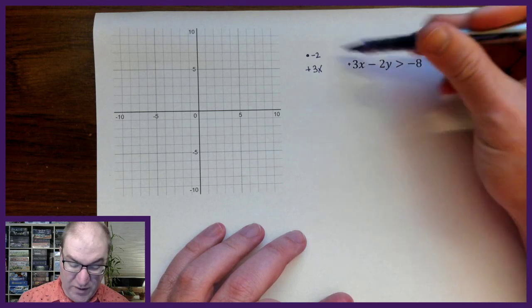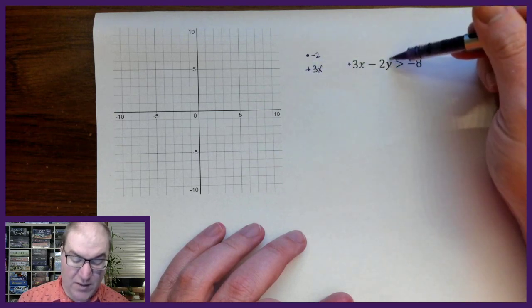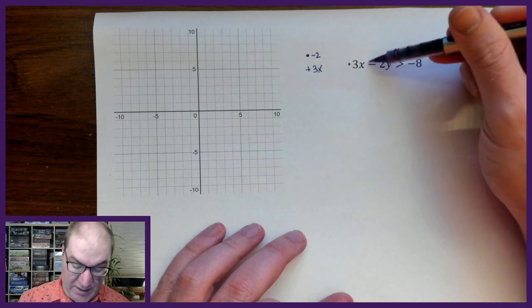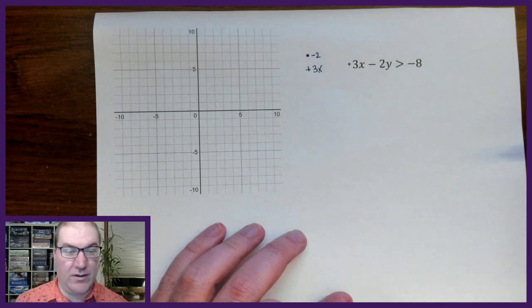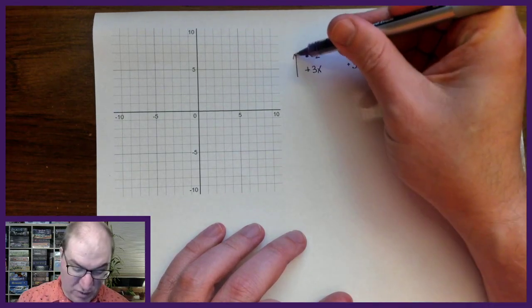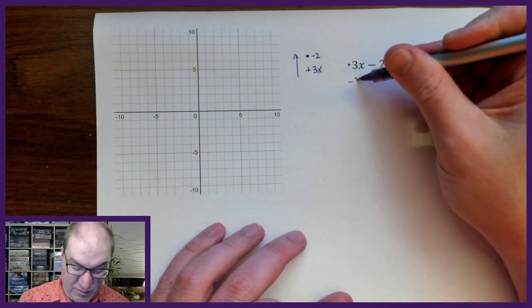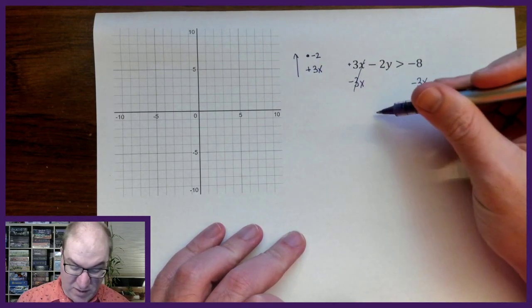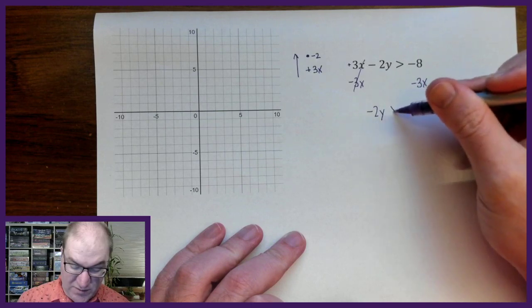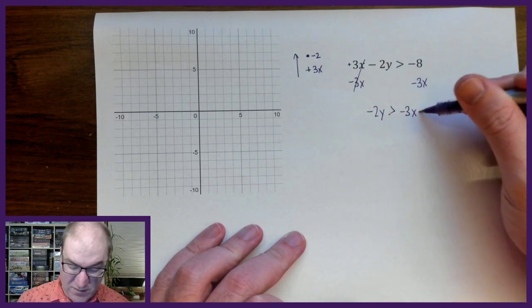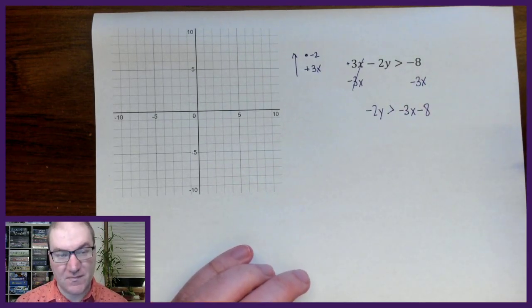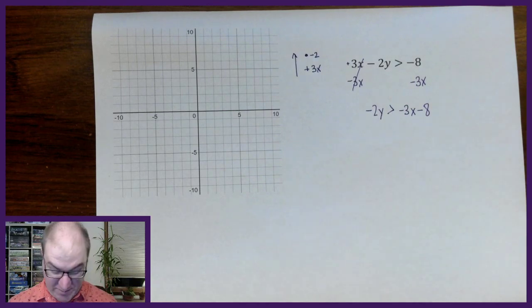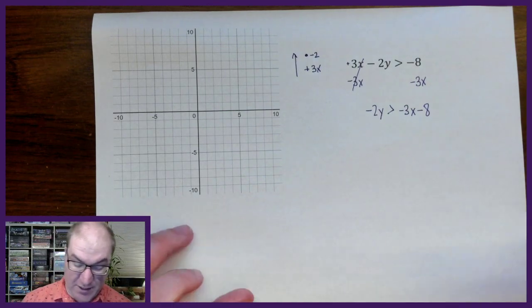So when I'm figuring out what's happening to the y, remember I would multiply by negative 2 and then add 3x to it. So if I need to go in reverse, I'm going to start by doing minus 3x to both sides. That'll cancel, and we get negative 2y is greater than negative 3x minus 8. Now here's the one trick about this that most people forget.